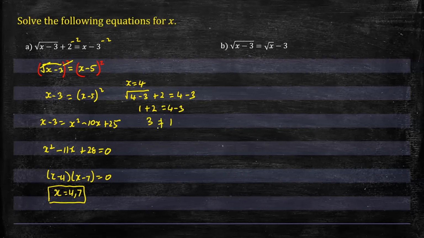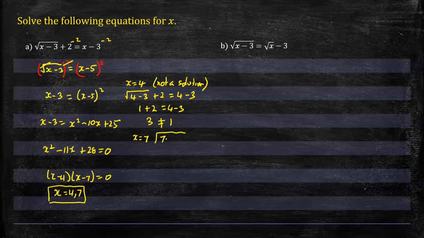And we can see now that these two sides are not equal, which means that x equals 4 is not a solution to this problem. So not a solution. And now we should check x equals 7. Let's put 7 in.